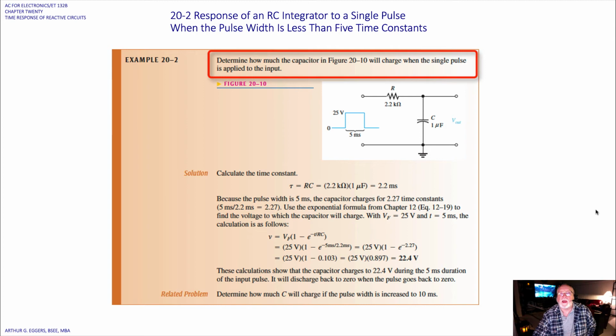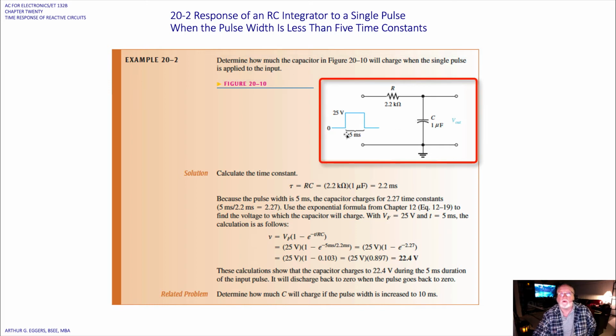Determine how much the capacitor will charge when the single pulse is applied to the input. So now in this case we're just going to hit this thing one time with a pulse that's 5 milliseconds in width, 25 volts in amplitude.